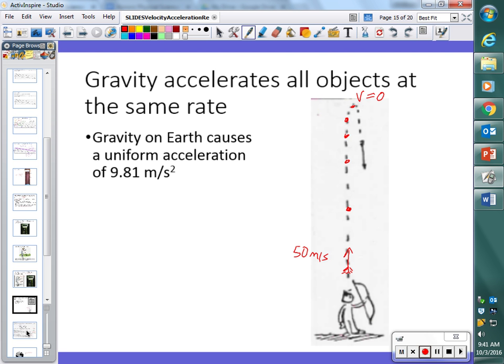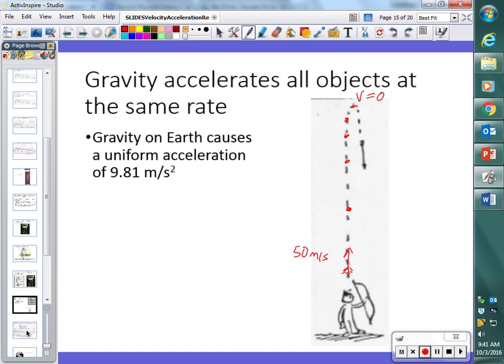And that means that sometimes the acceleration can cause the object to slow down, but other times the acceleration can cause the object to speed up. Right? Good there?